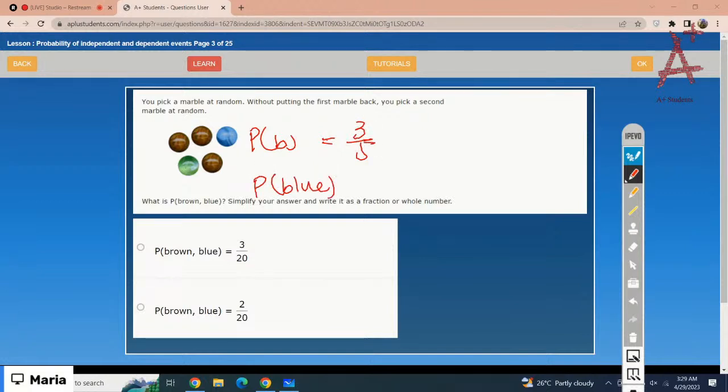For the second one, you already selected 1 brown, so now you have just 4 marbles left, and for blue it is just 1. So the probability of brown and blue is 3 by 5 times 1 by 4. 3 times 1 is 3 and 5 times 4 is 20, so it would be 3 over 20.